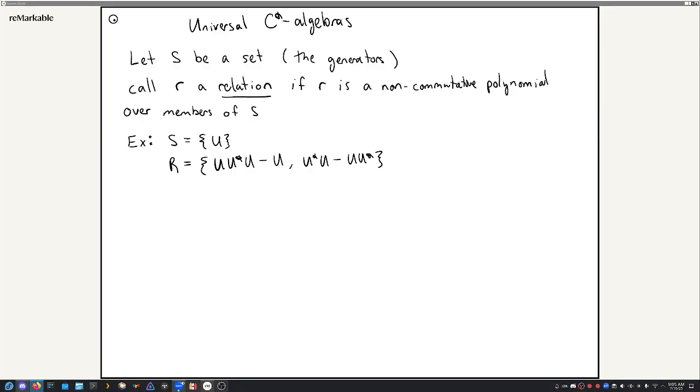So we'll call the set S with its set of relations, the pair, a set of generators and relations.